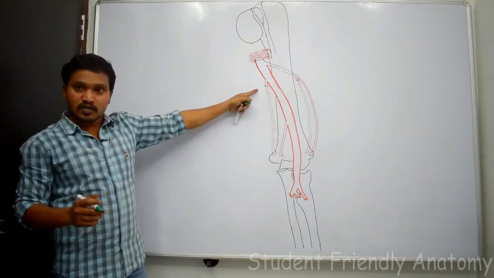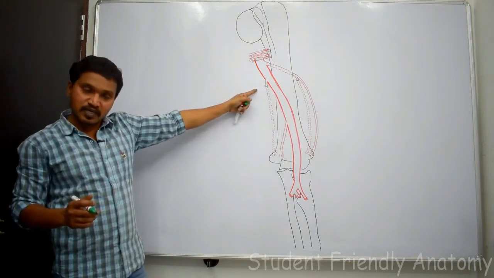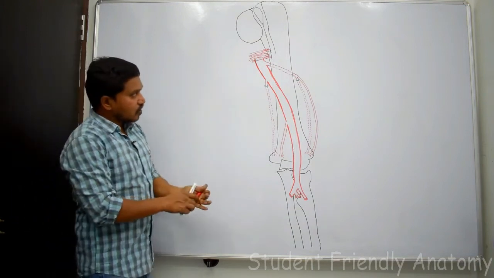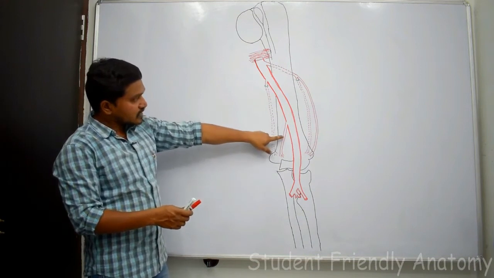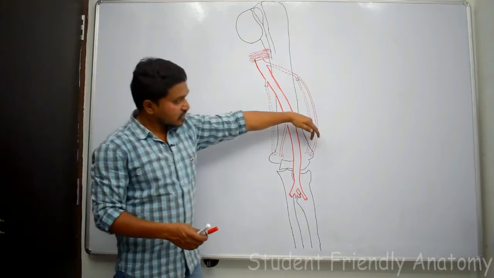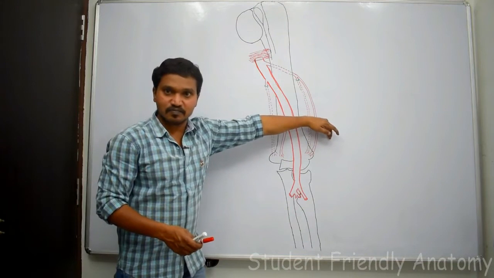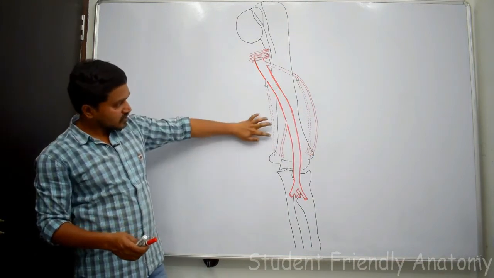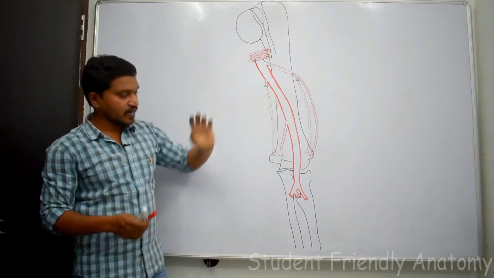Here the superior ulnar collateral artery pierces the medial intermuscular septum. So here two arteries are there in the medial side and two arteries in the lateral side. One is present anteriorly, another posteriorly.